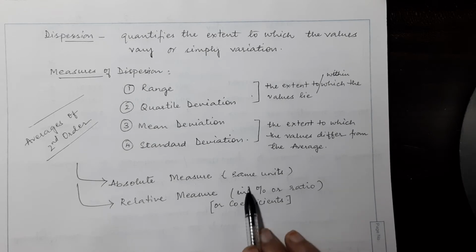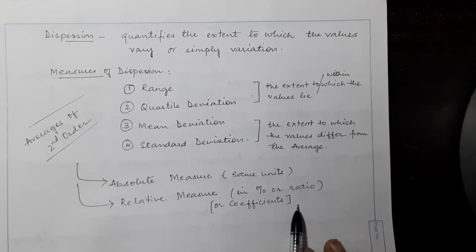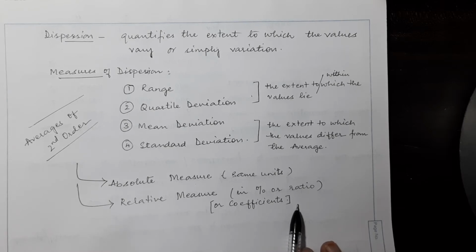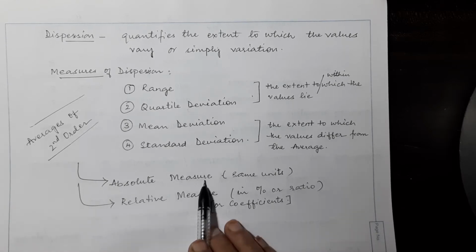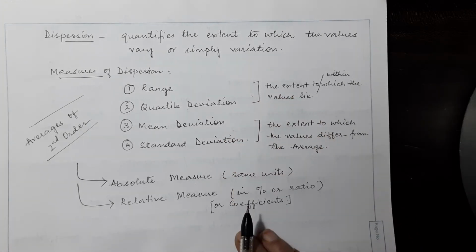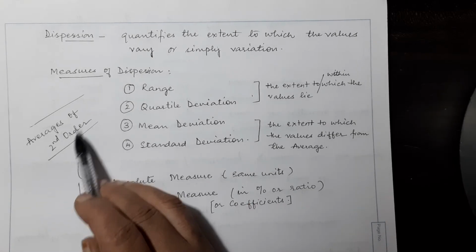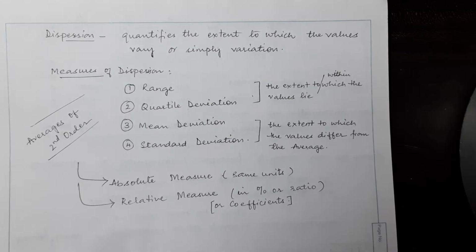Since they are in the form of a percentage or a ratio, they will not have any units, whereas absolute measures will have the same units as expressed in the data. Since we go one step ahead of the averages, they are called the averages of the second order.